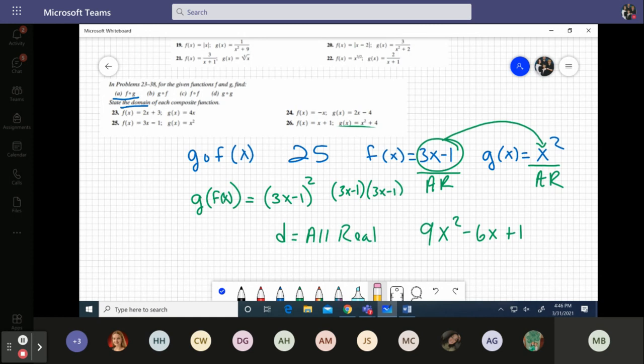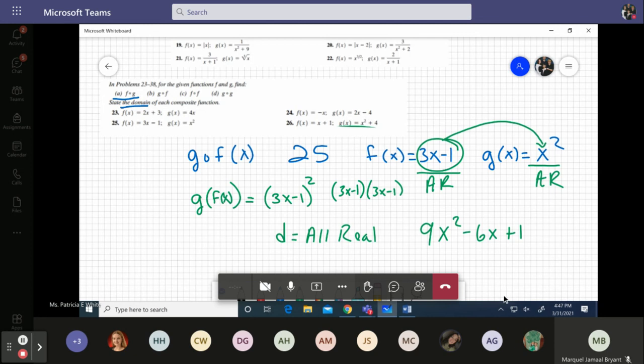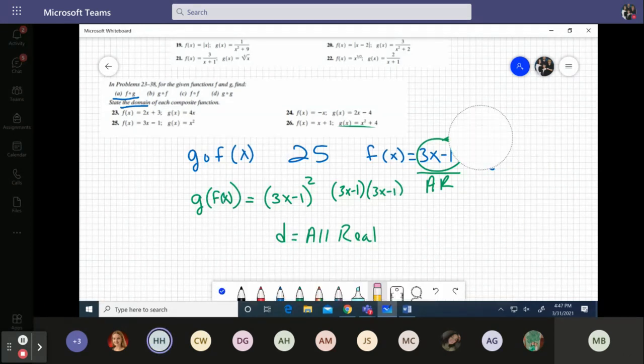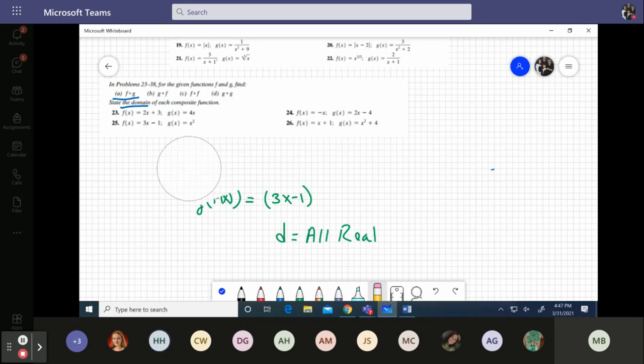How are we feeling about problems 23 through 26 here? The main thing is just to remember to work from the inside out. All right. The question on the domain, though, does get a little bit more complicated.